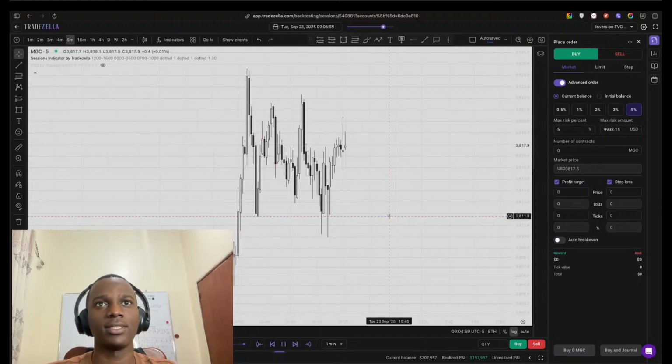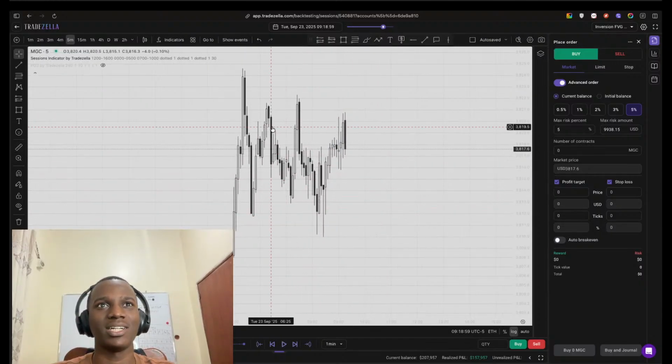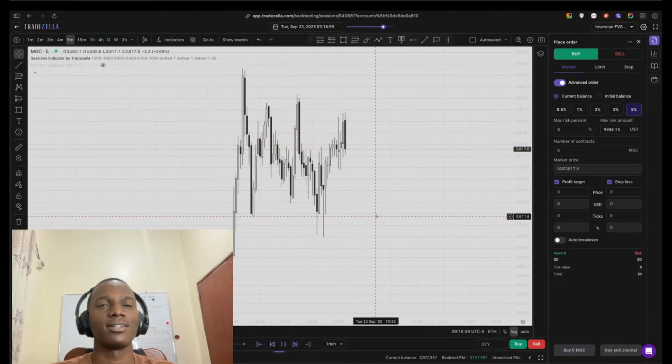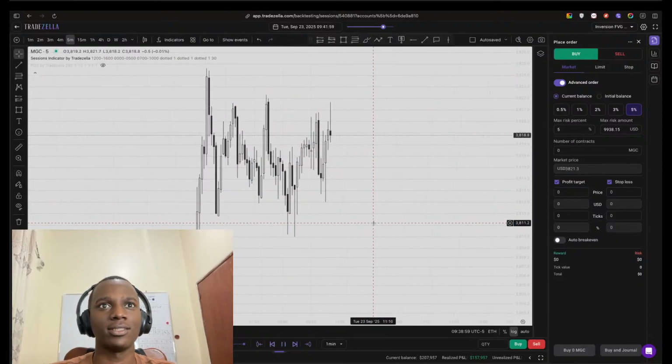After this liquidity run, obviously price will displace higher, but you can see how choppy this thing is. So it's not looking good so far.